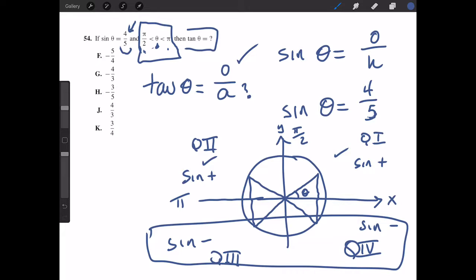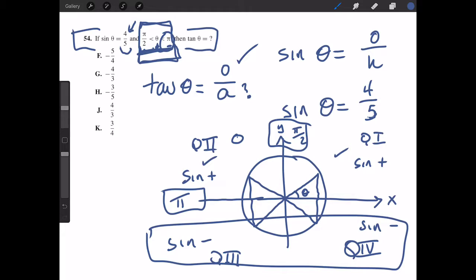Now, how do I know that these are radians? Because, again, they're using pi, and it's a telltale sign, given this information and the prompt, that we're talking about radians, and therefore pi halves would be here, this angle, and then pi would be here, this angle.